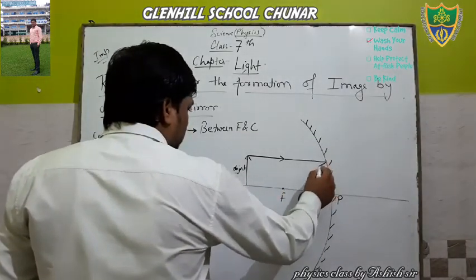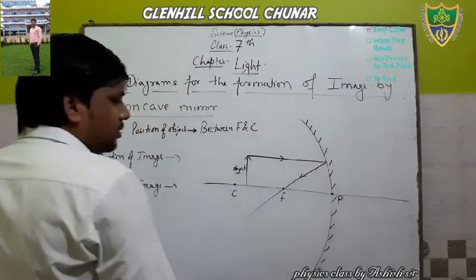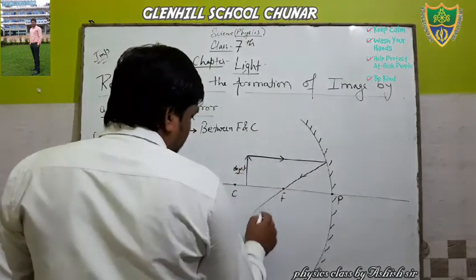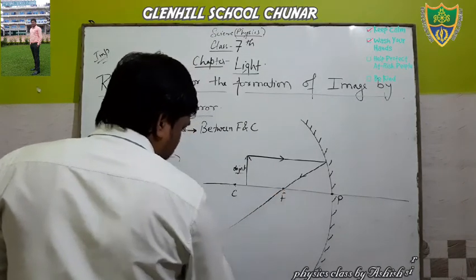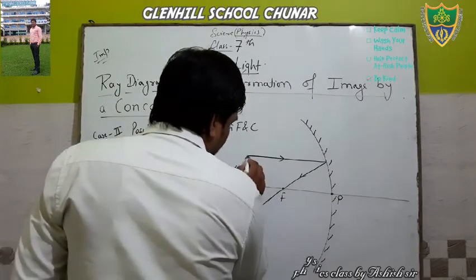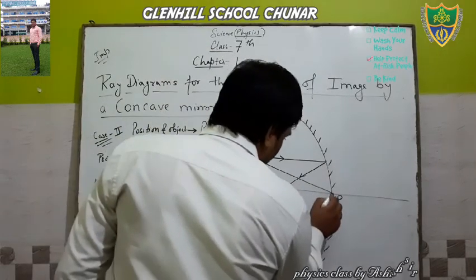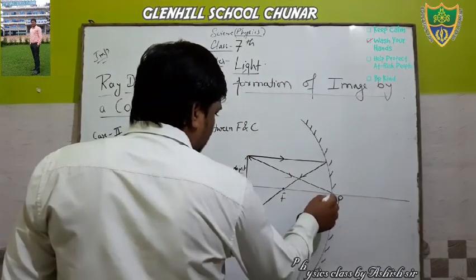So you have to draw this. Okay. Now the second ray is going at the pole, and after striking the pole it goes like this.